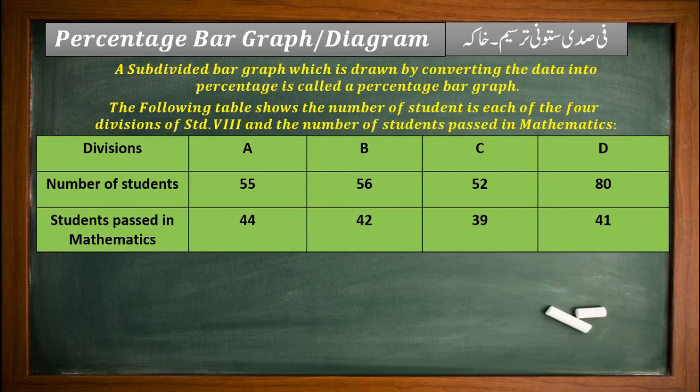So here is the table, and you are observing that here are some divisions of standard 8: division A, B, C and D. The number of students in each class is 55, 56, 52 and 50, and the students passed in mathematics are: in division A of standard 8, 44 students passed, here 42 students, here 39 students, and here 41 students from 50, and from 52, 39, from 56, 42, from 55, 44 students passed.